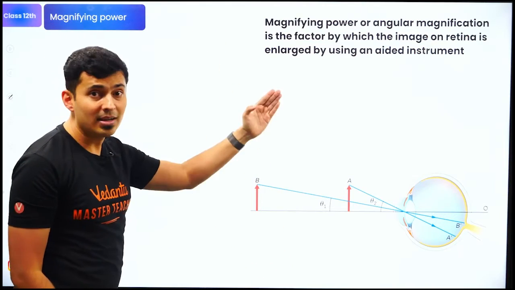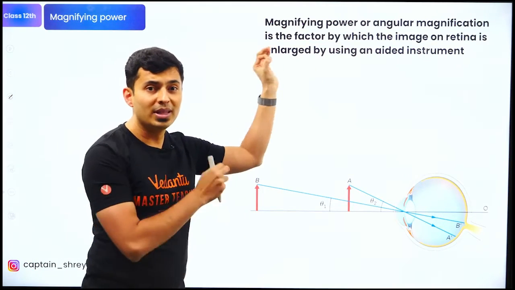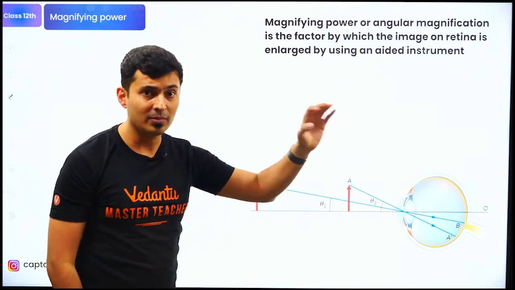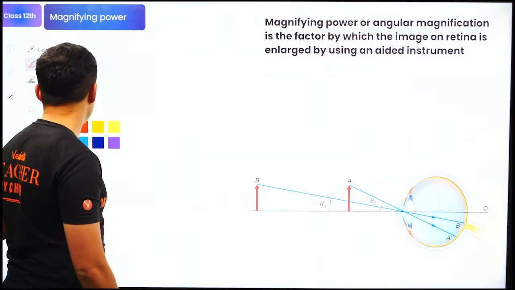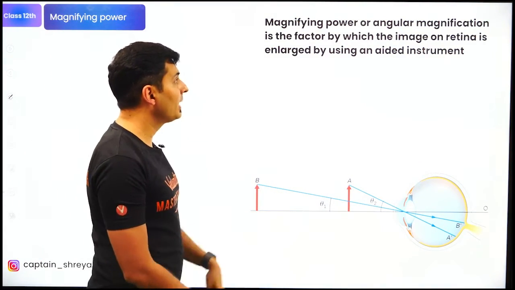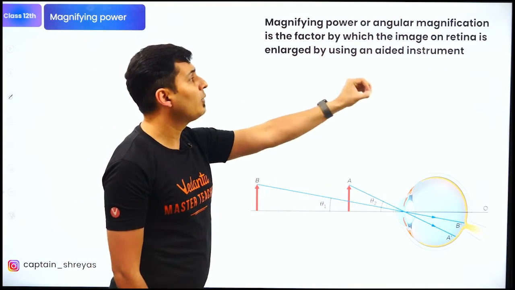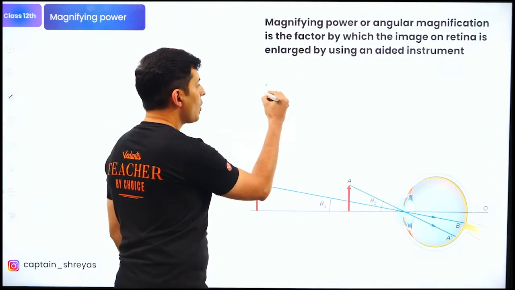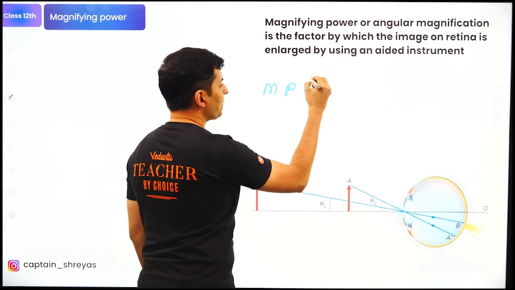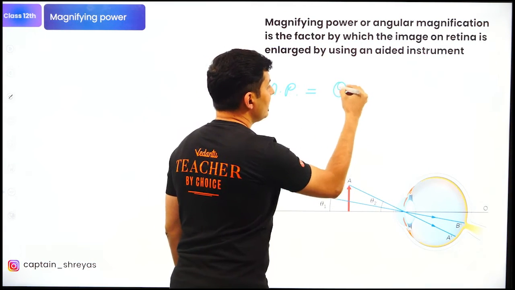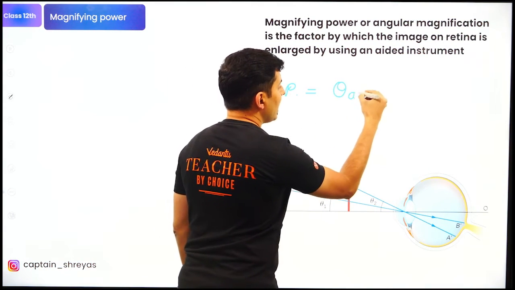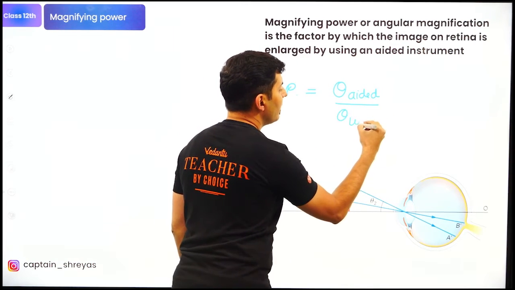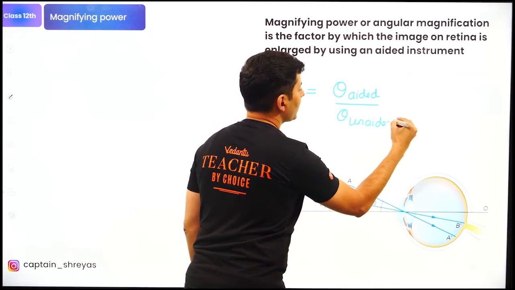So that's the magnifying power, not to be confused with magnification. Magnification is a completely different thing. Please understand that. This is magnifying power. Magnifying power is nothing but the factor by which the image on the retina is enlarged using an aided instrument. So magnifying power is nothing but the angle subtended by the aided eye upon the angle subtended by the unaided eye.